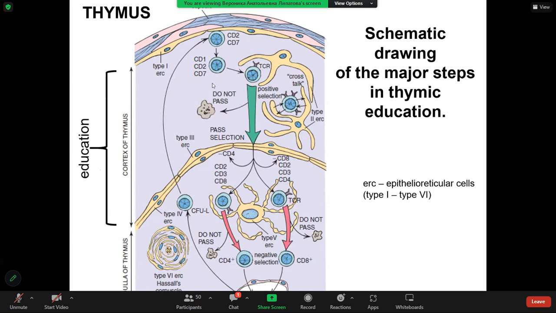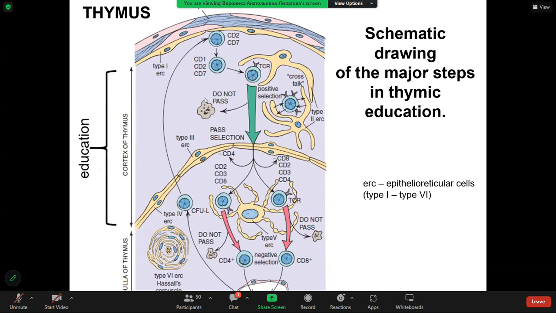If it does not pass, if it attacks self antigen, such a student, because these educated and differentiated lymphocytes we can describe as students there, is eliminated here by macrophages and undergoes apoptosis and phagocytosis by macrophages.